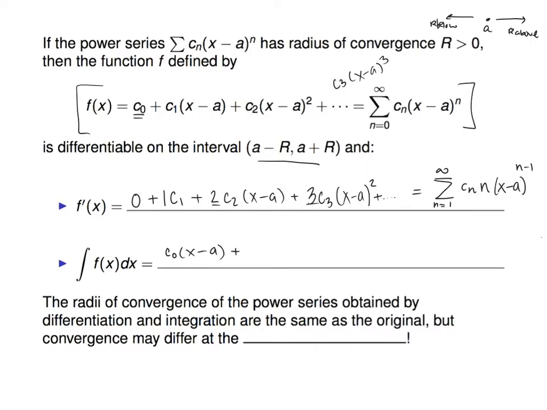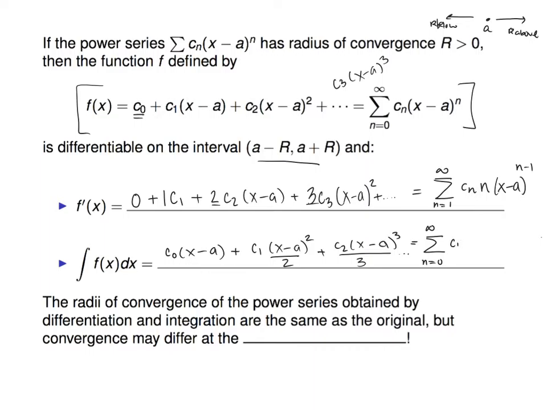Well, what's the antiderivative of c1 times x minus a? What's the new power on x minus a if you anti-differentiate? That's squared over 2, exactly. How about c2, x minus a, is going to be all to the third over 3, etc. So this time we didn't lop off that first term, so let's still begin our sum at n equals 0.